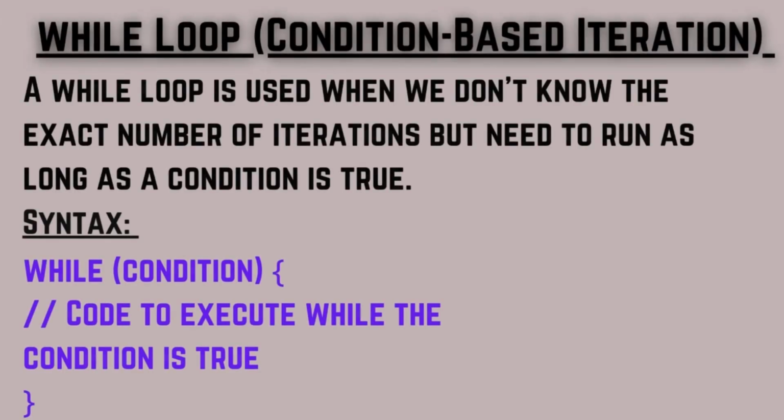Now comes the while loop. It is used when we don't know the exact number of iterations, but know the condition that determines how long it should run.